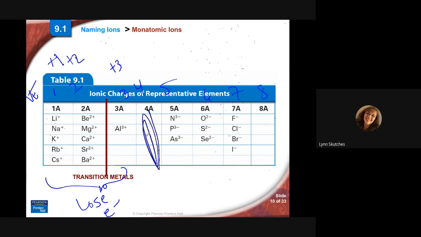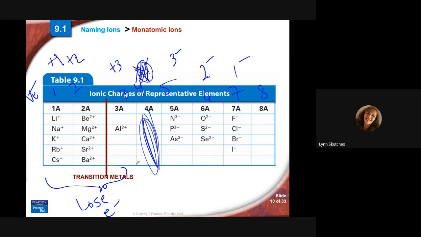Carbon's family does some weird stuff. We're going to talk about that in a minute, or actually I won't get to all of it until tomorrow. So we just kind of ignore it. A lot of books show you this +-4 thing for carbon. That's really kind of weird. For the nonmetals, you have 5, you need 3 more. You put in 3 negative electrons, 2 negative electrons, 1 electron.